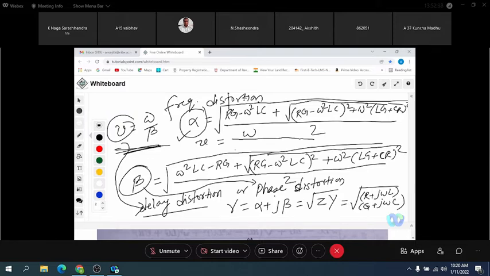So if the term under the second radical, Rg minus omega square Lc whole square plus omega square Lg plus Cr whole square, is equal to Rg plus omega square Lc whole, then what will happen? Then velocity will be independent of frequency.